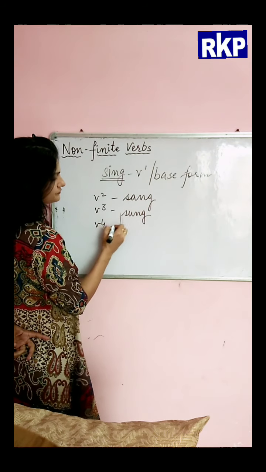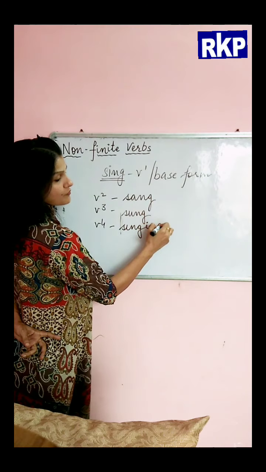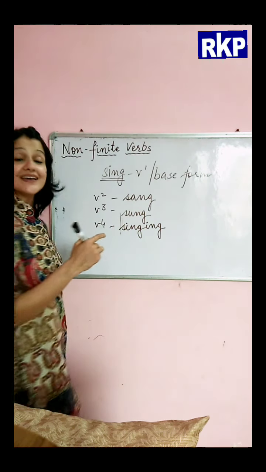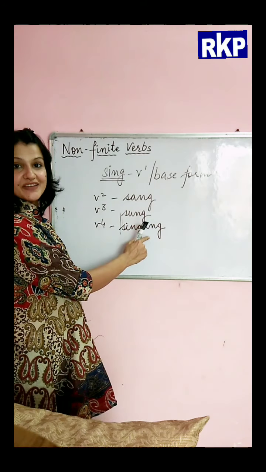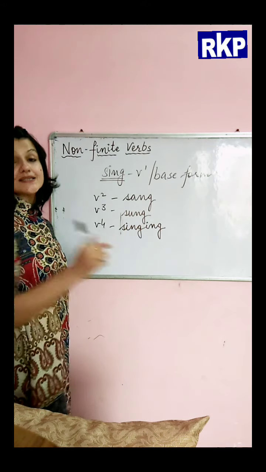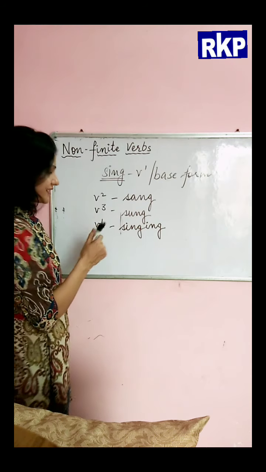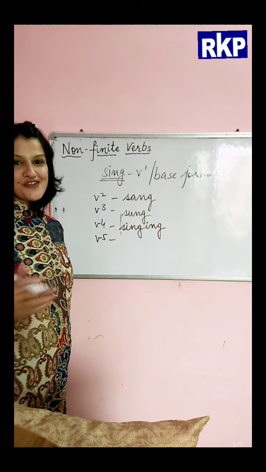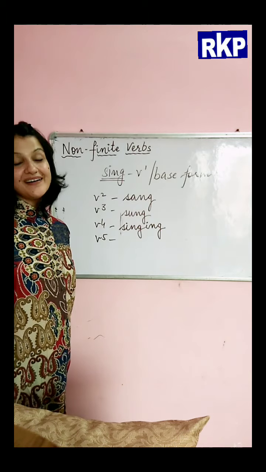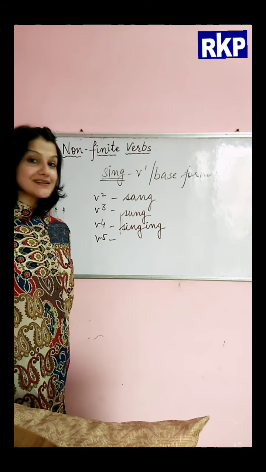Then V4 is ing form of verb. Okay, whenever the verb has ing with it, it is known as fourth form of verb. Okay, then V5, fifth form of verb is whenever the verb is in simple present tense.